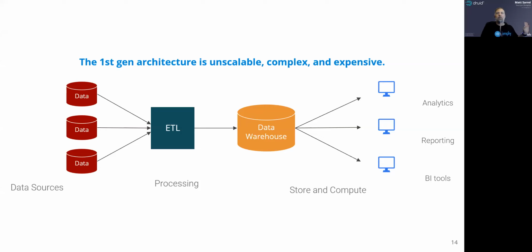So, looking at how you plan Druid, we have a whole explanation of what was going on before that wasn't good enough. Essentially, if you look at the way that we used to do things, 20-ish years ago, basically, I used to do stuff like this. You have all your different data sources. You ETL them in some way to get them into a common format, and then you dump them in a data warehouse, and you then have your different systems, analytics, or BI tools connect to the data warehouse.